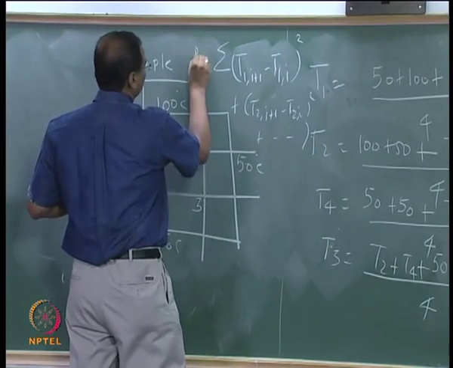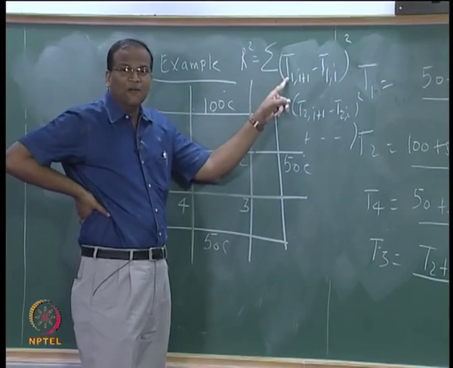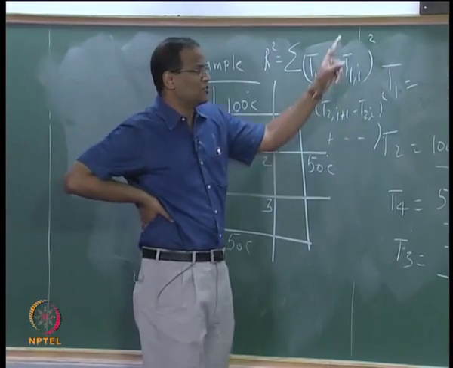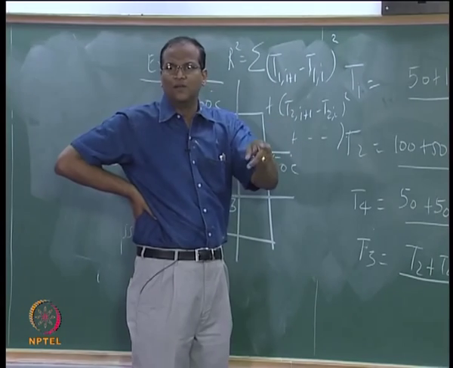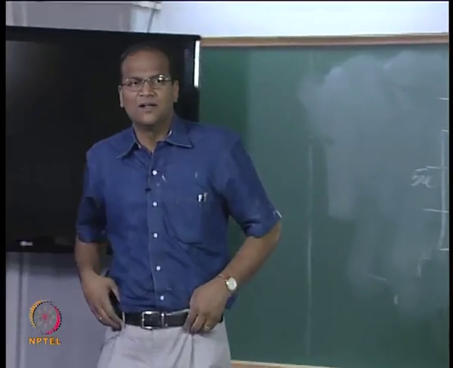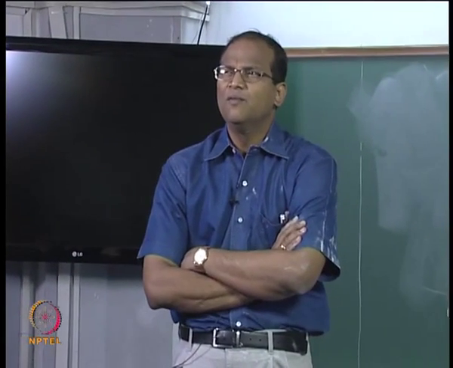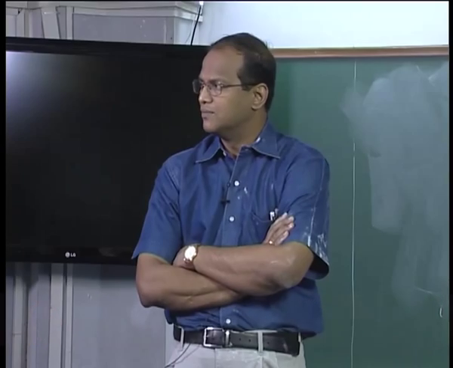This is called the norm, R squared norm. You can put a norm, that is T1 of this iteration minus previous iteration, whole square, plus T2 of this iteration minus previous iteration, whole square, and then this R squared must reach a reasonable value, 10 to the power of minus 4, 10 to the power of minus 5. Very easily you can implement it on the computer.